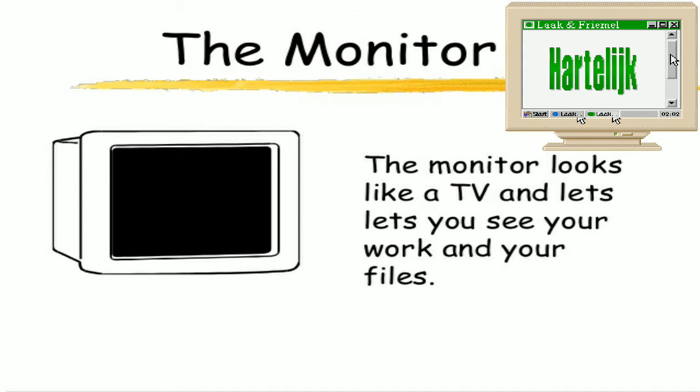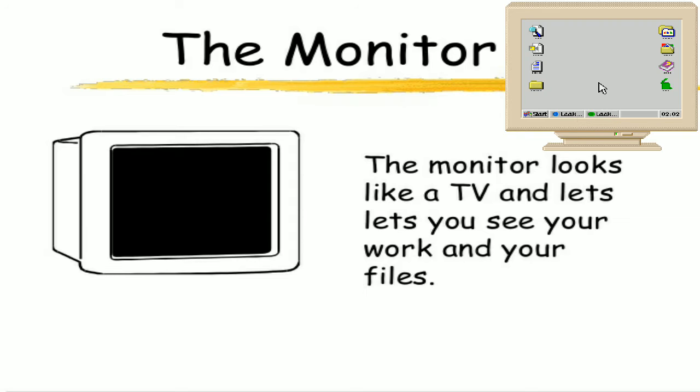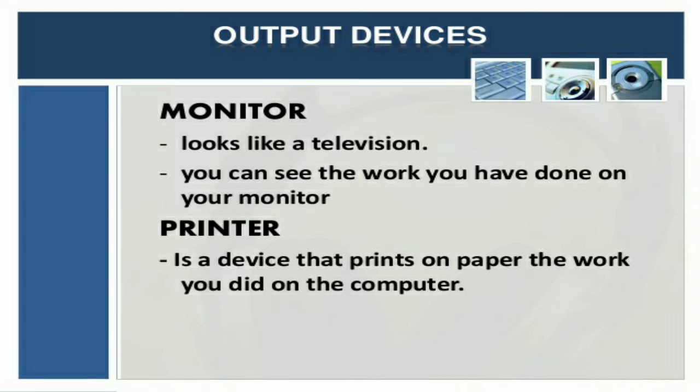A monitor looks like a TV, and it lets you see your work and your files. It is an output device. The monitor looks like a television, and you can see on it the work you have done.